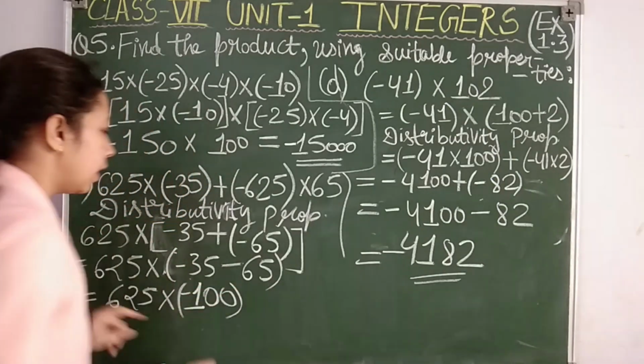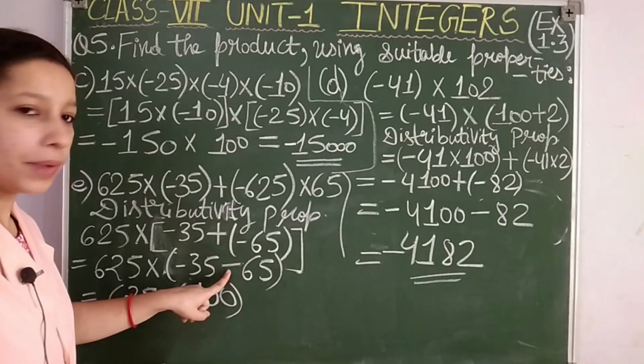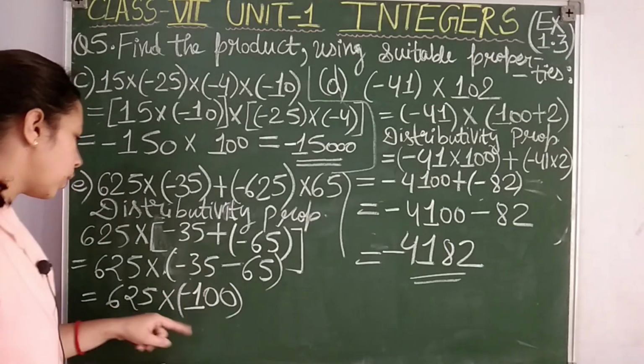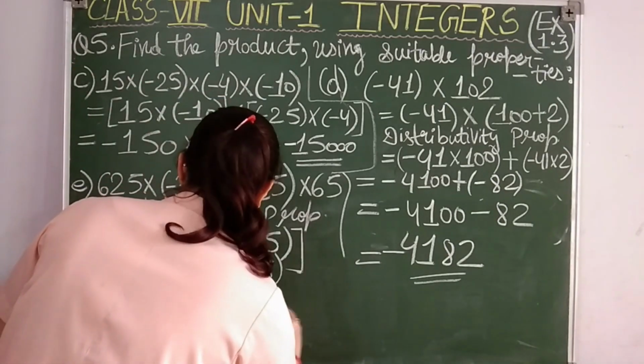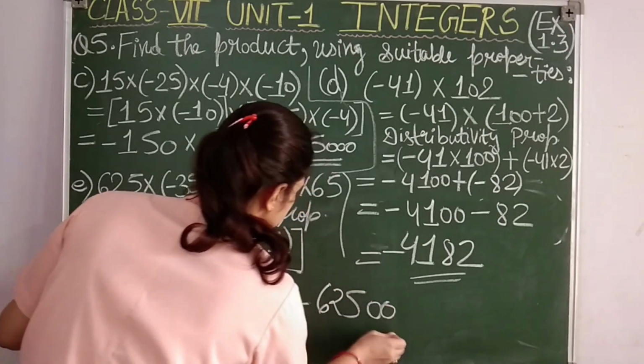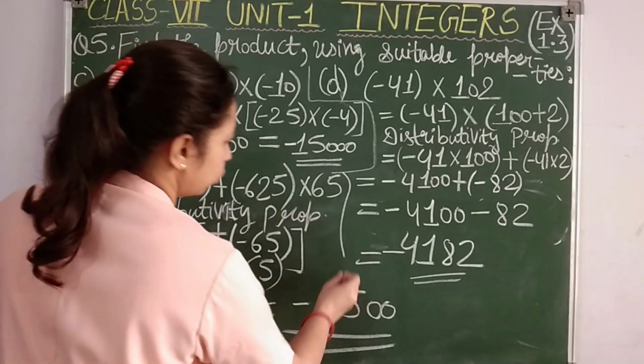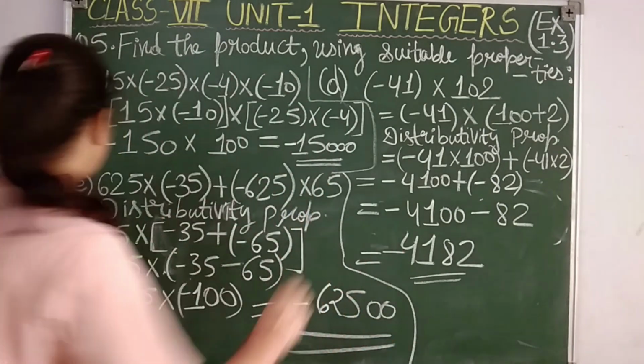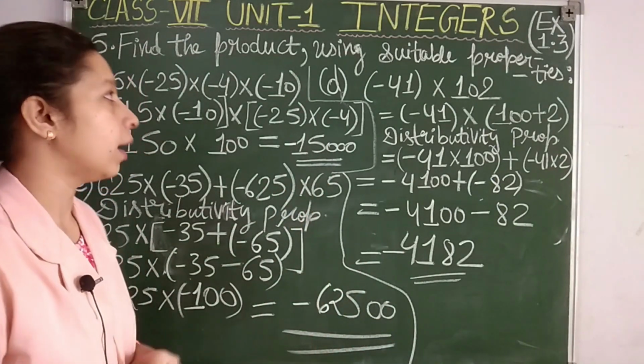Why? Because here 65 is the greater number with negative sign students. Now see, 625 into minus 100, finally we are going to get minus 62500. Okay, so this is the solution for point E students. Okay, so C, D, E.